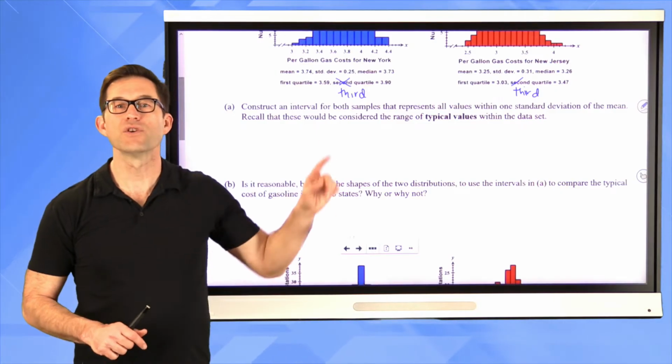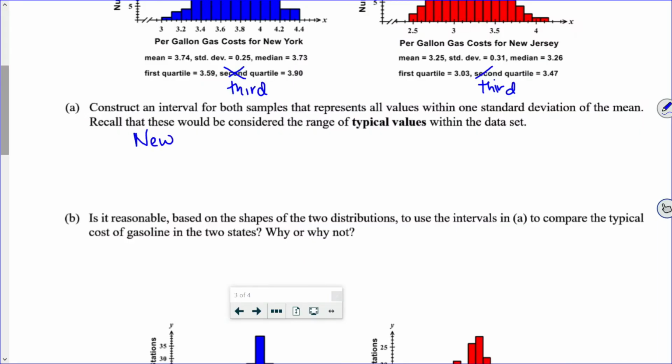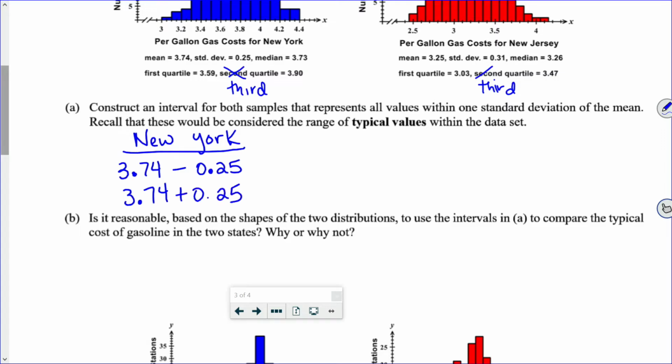All right, so for New York, and we'll label them. For New York, right, we've got a mean of 3.74 and a standard deviation of 0.25. So I'm just going to subtract that and add that, and we'll figure those out in just a moment.